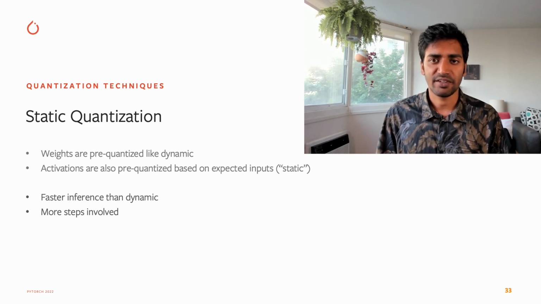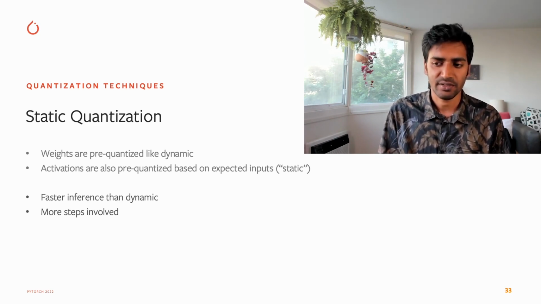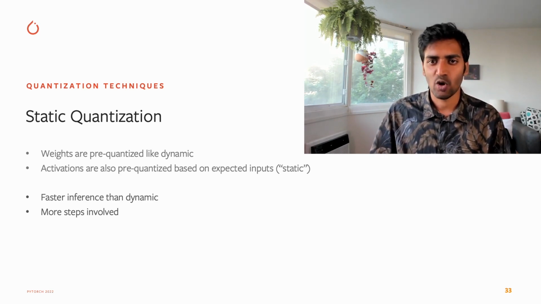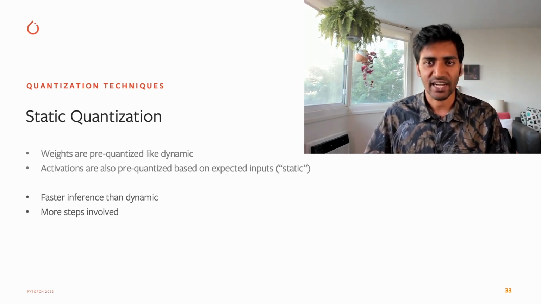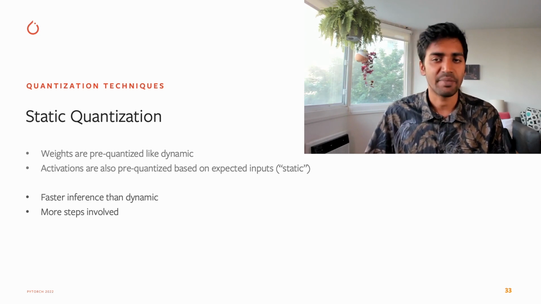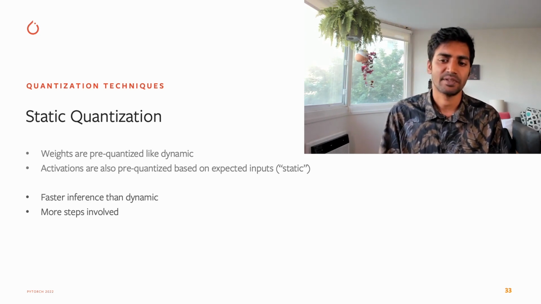So this method provides faster inference than dynamic quantization because it eliminates the overhead of quantizing the activations at each layer or calibrating the activations at each layer.